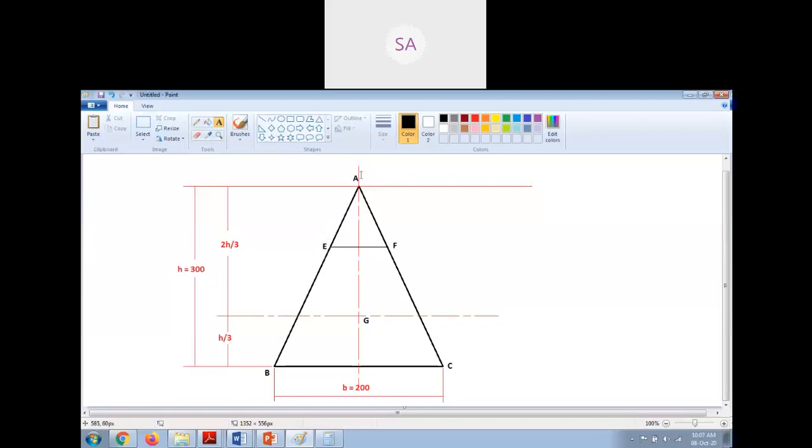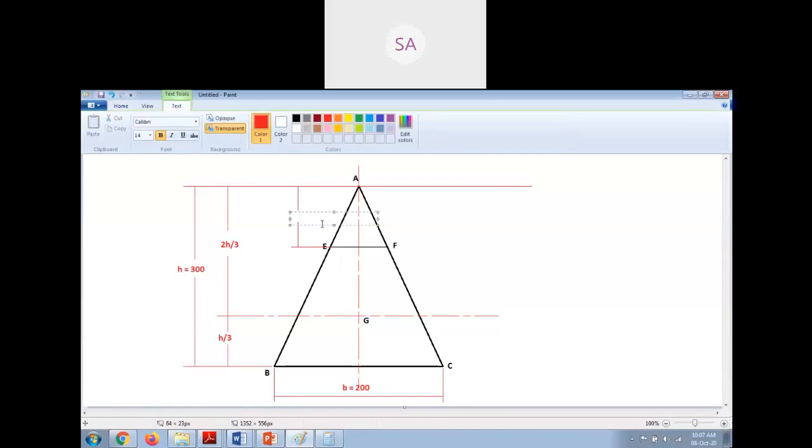Now within this small triangle, I need to locate the center of gravity. First I'll give a name to this distance. Since it is a vertical distance, I will call this y.